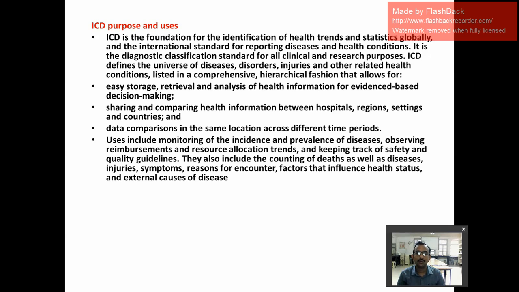The disease names are very big and enormous. For easy storage in this digital world, we need alphanumeric codes, and for retrieval also, and for statistical analysis we need this ICD classification. It also helps in sharing and comparing the information.